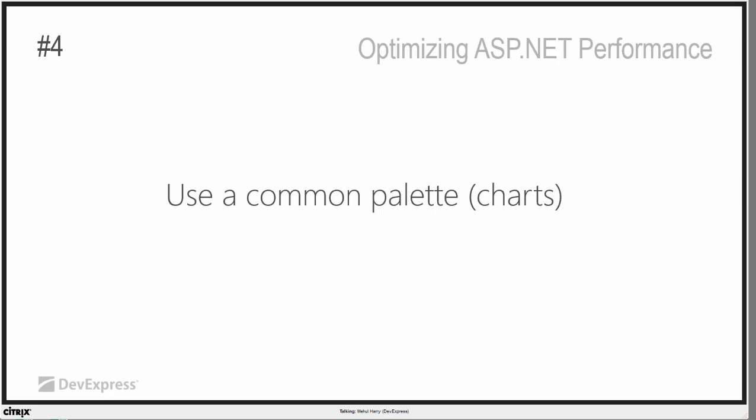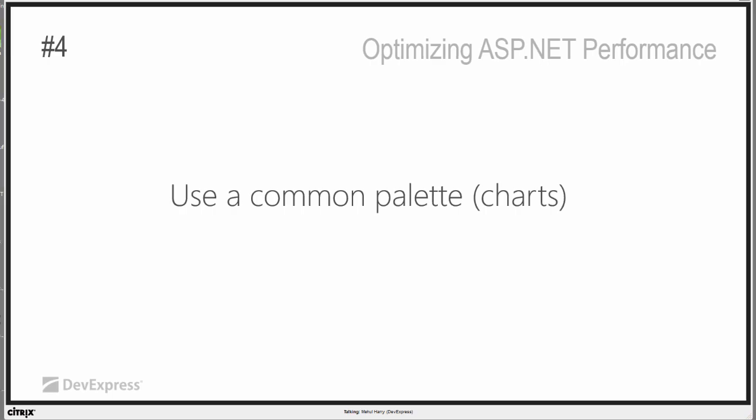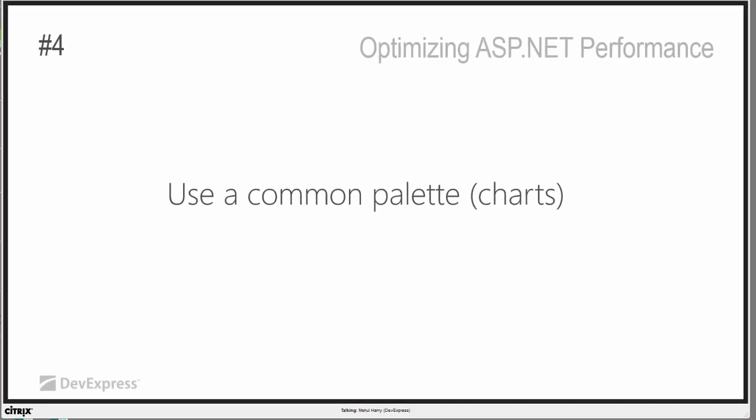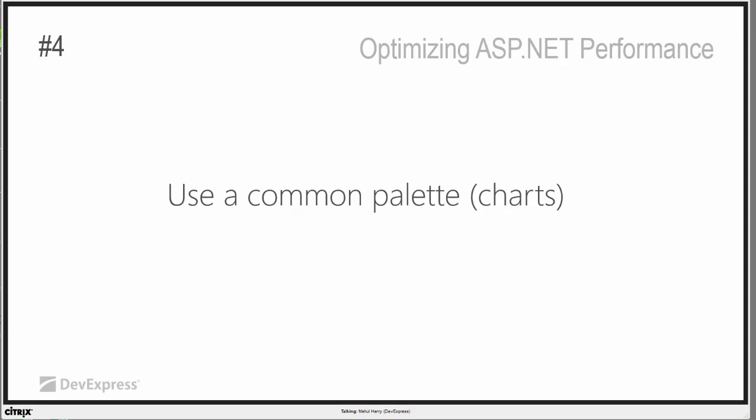So this common palette approach is something that's really interesting because a chart can have multiple colors, multiple palettes. So using a common palette is not just useful from a design perspective, because your designers want you to have a common set of colors and so forth, but it's also useful for performance. So Don, why is it useful for performance when you have a common palette?